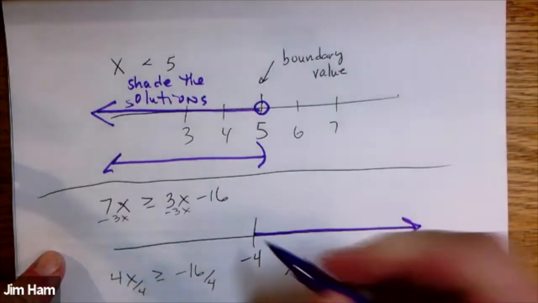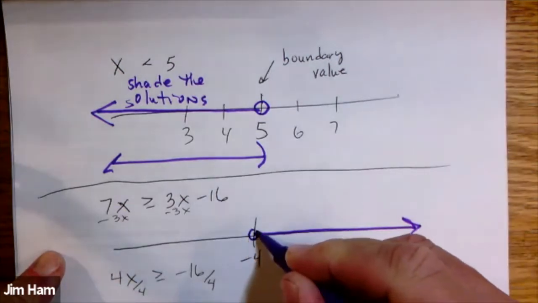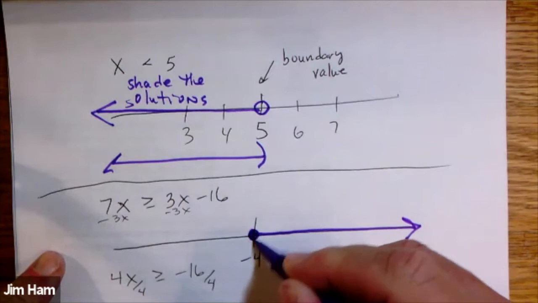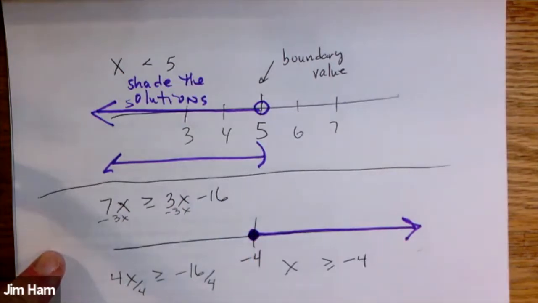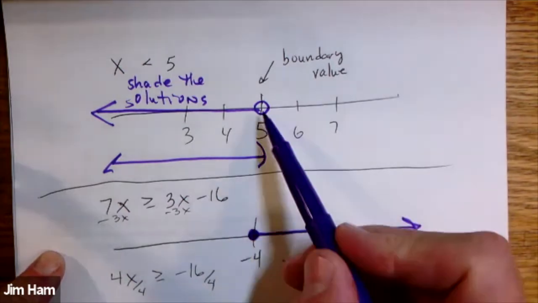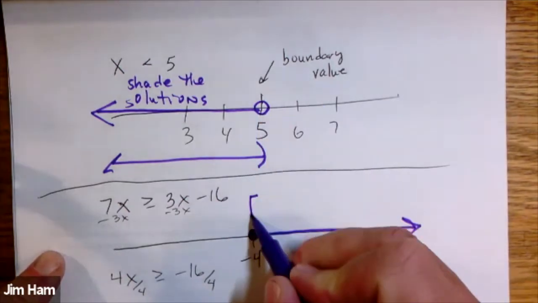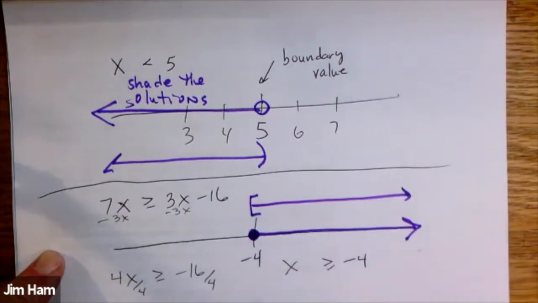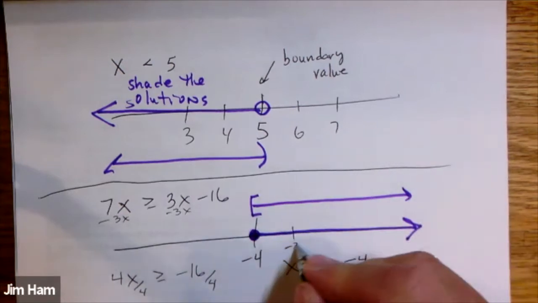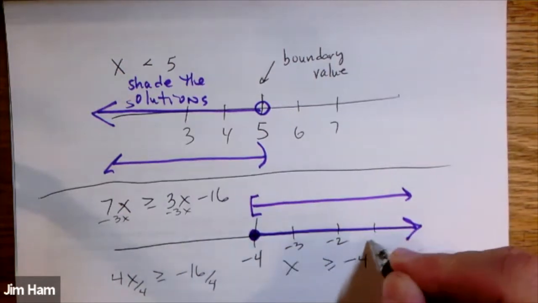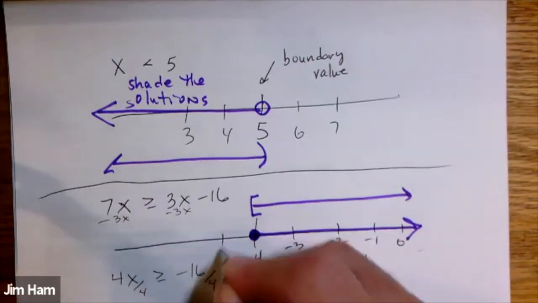And then to indicate that we're going to include -4, we would have a solid dot instead of an open dot. The other version would be to have a square bracket. And that means we include the -4. Usually we put a couple of additional numbers along the scale.